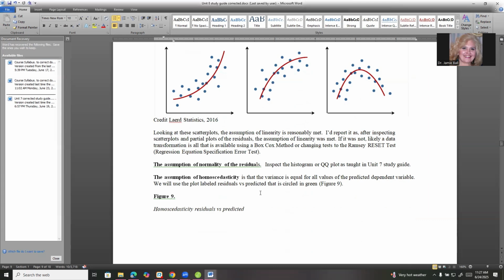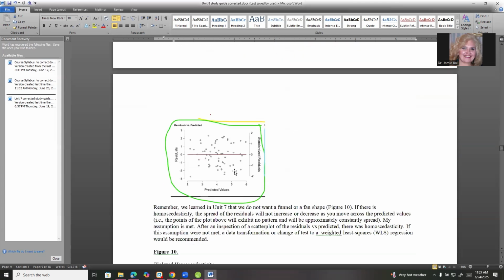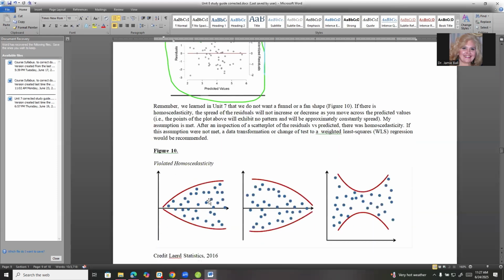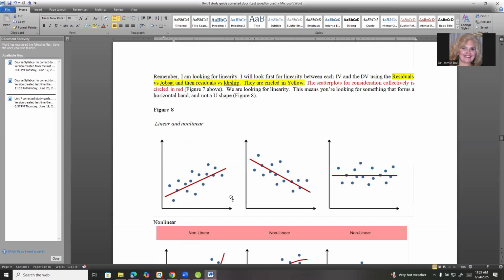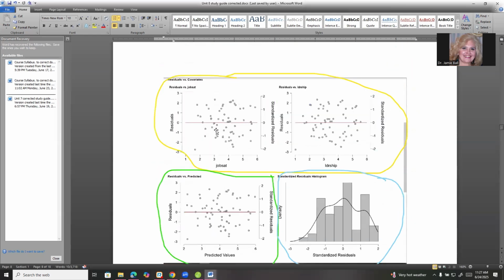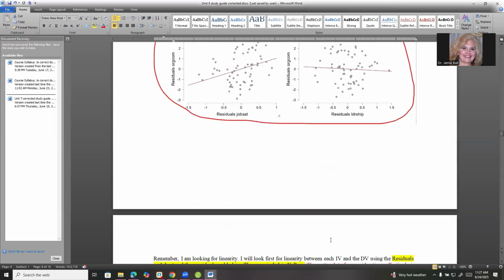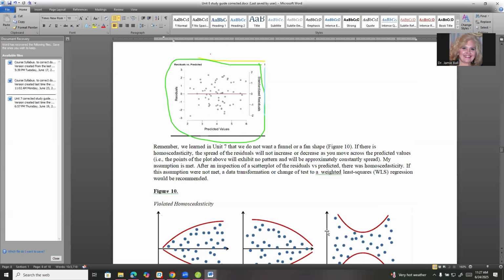Okay. So, for homoscedasticity of the residuals, right here, we don't really want a pattern. Okay, so no funnel or fan shape. So you've got to go back and look at that scatter plot a second time, right? There's no funnel shape. There's no fan shape there.